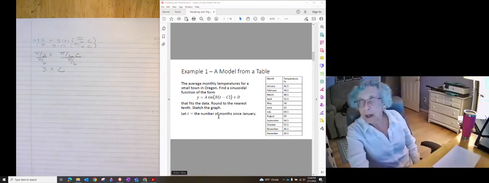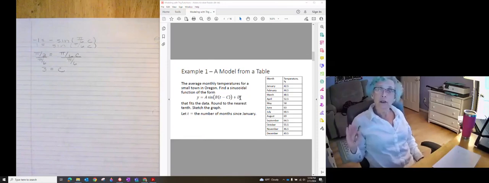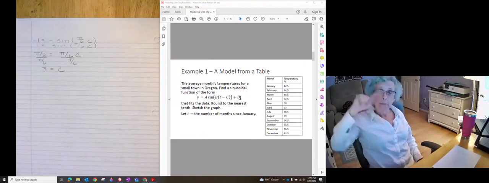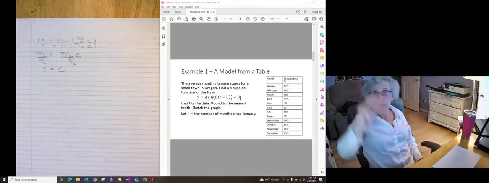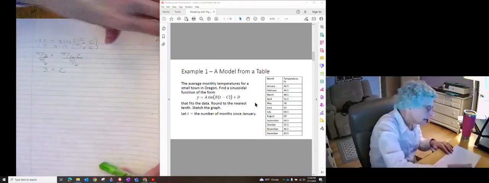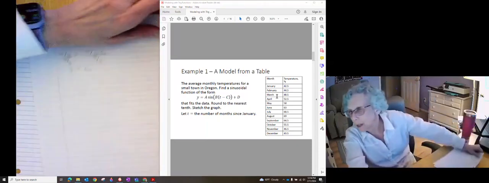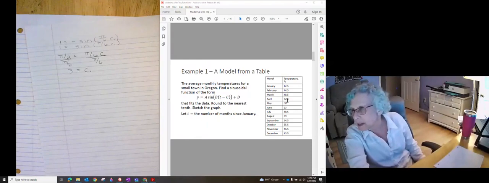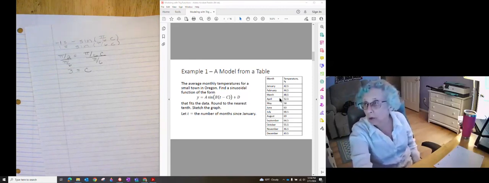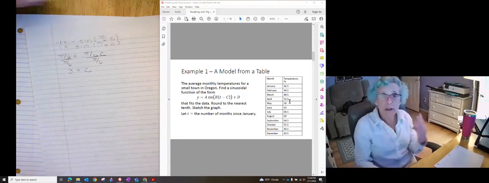Another way, I think about my midline and what sine functions look like. Sine functions, if I want a positive a, are going to start at the midline and be increasing. So I look for a place that's near my midline, and my midline for this one is 55.75. So 55.75 is somewhere around April, and April is 3 months after January.